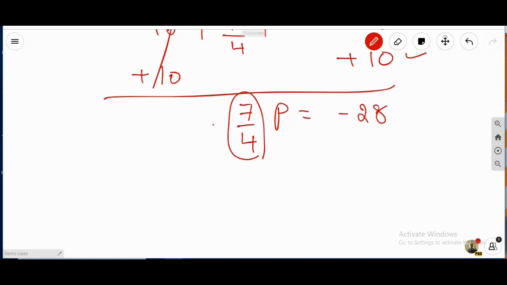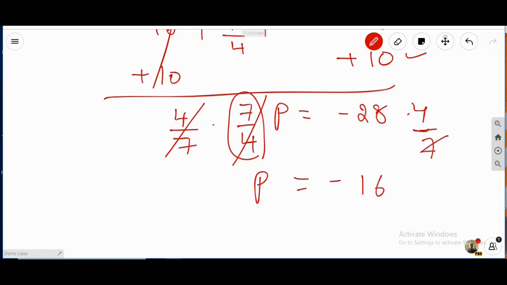Now the best way to get rid of a fraction is to multiply by the reciprocal, which is 4 over 7, on both the sides. So therefore this gets cancelled out. So p is equal to negative 16. That's because 7 times negative 4 is negative 28. Negative 4 times 4 is negative 16.